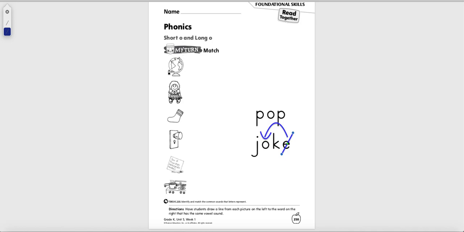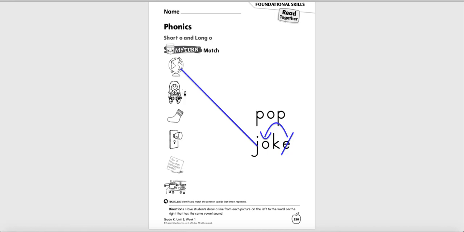Let's look at our first picture. What is that? Globe. Does globe have the same vowel sound as pop or joke? Globe. J, O, K. Good job. Globe has the same vowel sound as joke. Let's look at the next picture.